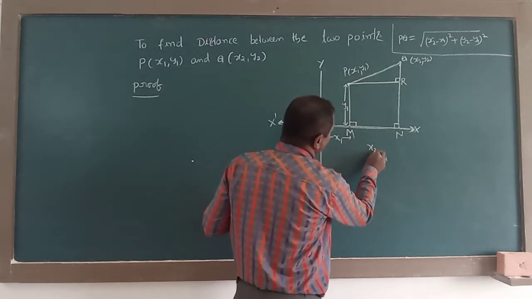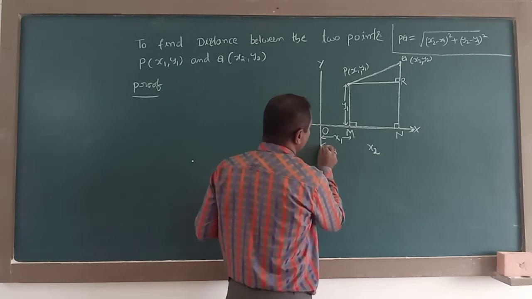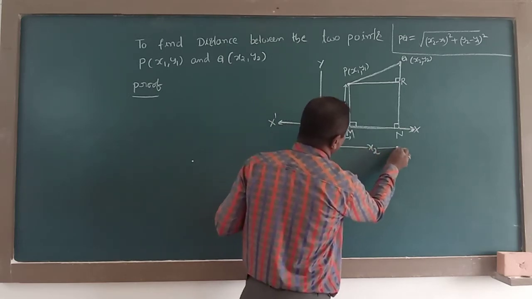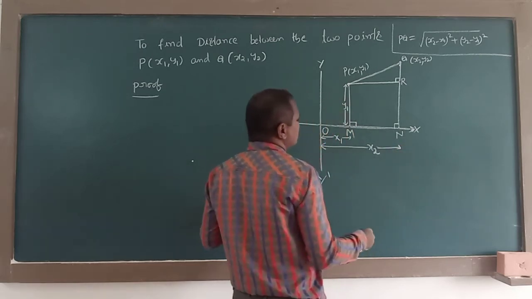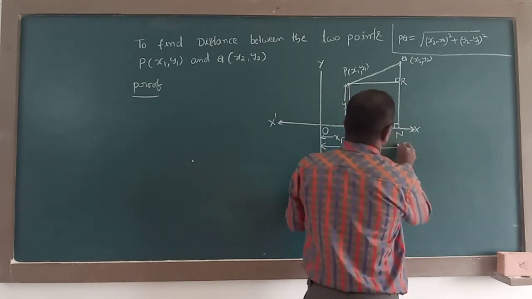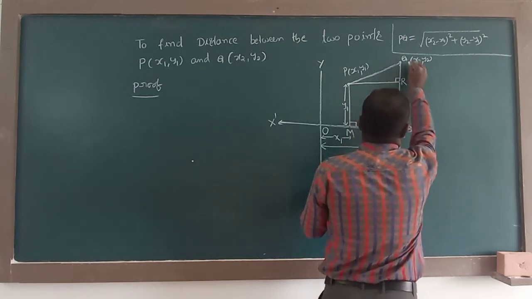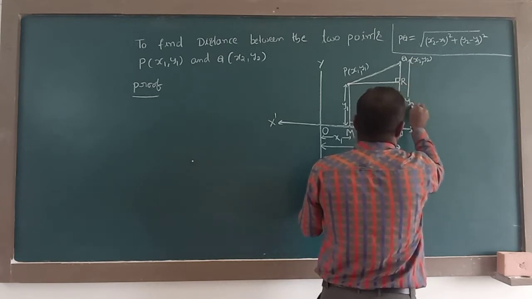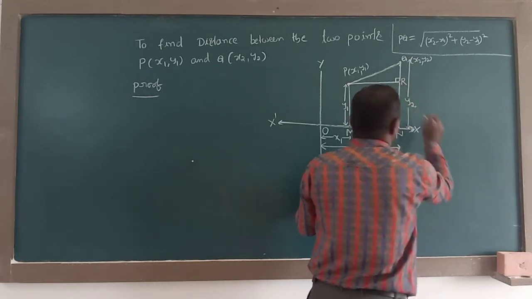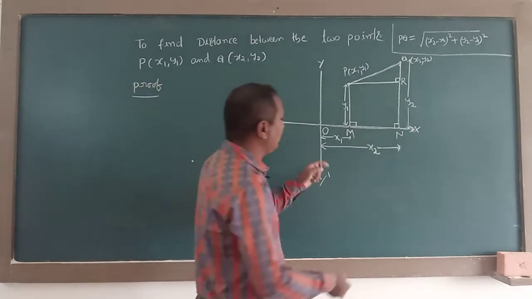And y2 belongs to the vertical line here, from up to this. That's what we can easily tell.